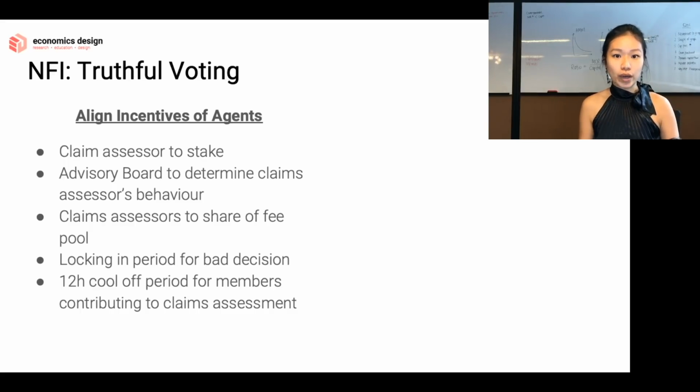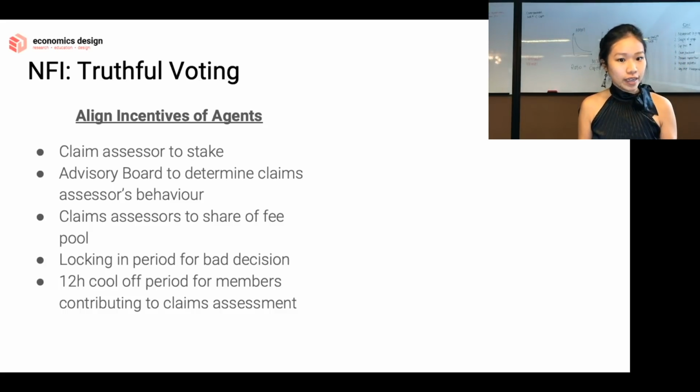If they are behaving well, it's all fine and good, then they will get some tokens back as returns, as a reward for participating. But if they behave badly, then the tokens will be burned or the tokens will be locked up. So that's where the claim assessors get a share of the fee, or if you're making a good decision, then you get some fees, or you get some extra tokens.